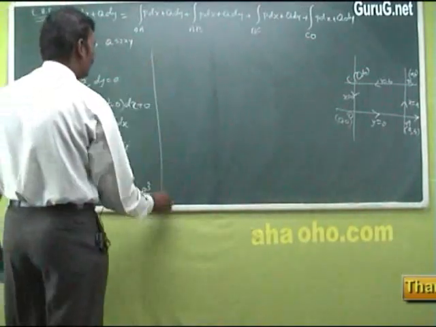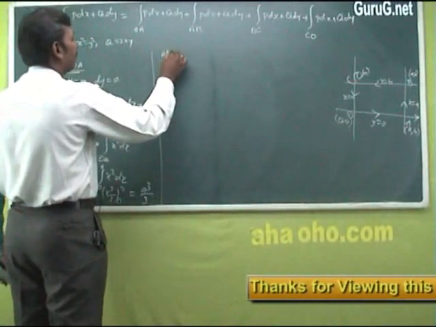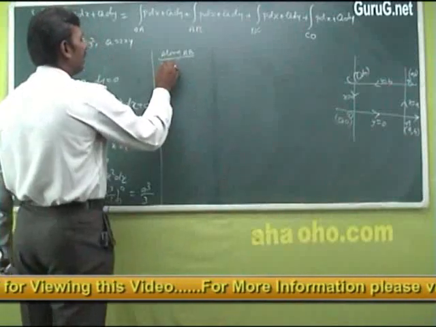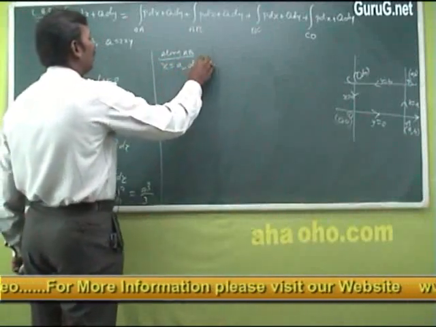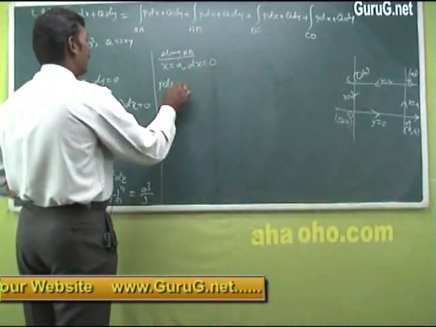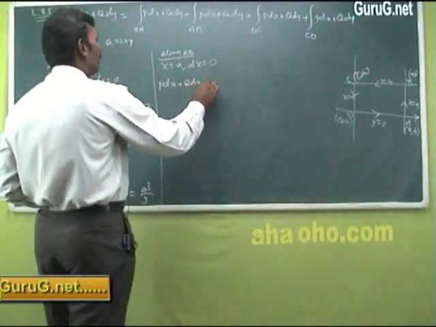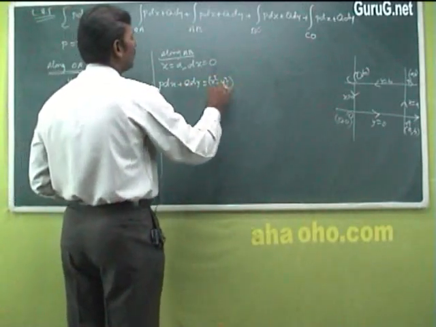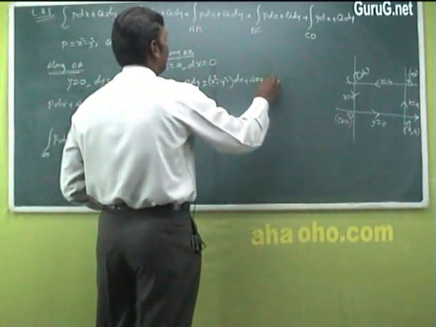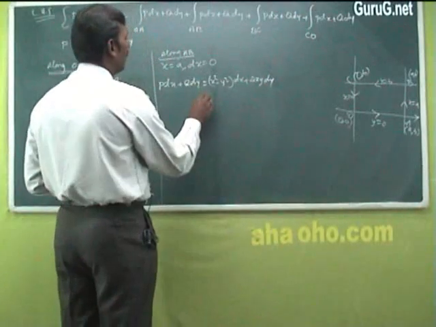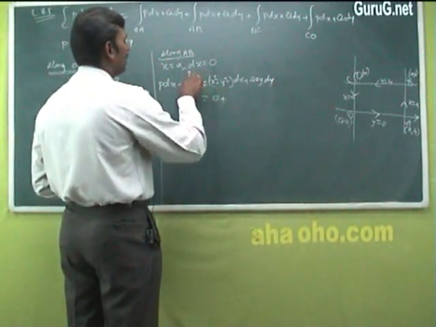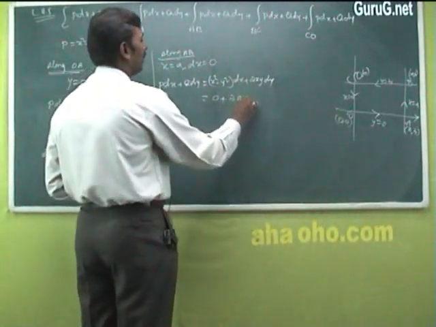Next, along AB. Along AB, you have x equal to a, so dx equal to 0. So p dx plus q dy equals x squared minus y squared into dx plus q, which is 2xy, into dy. With x equal to a and dx equal to 0, this is 0. So x equal to a, so 2ay dy.